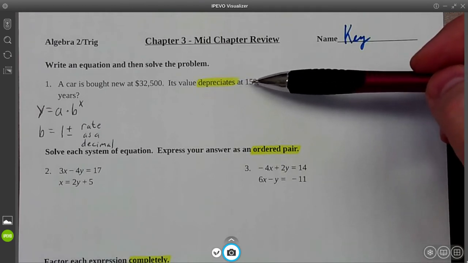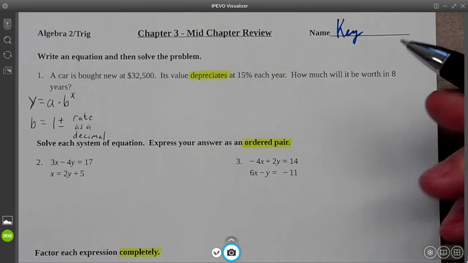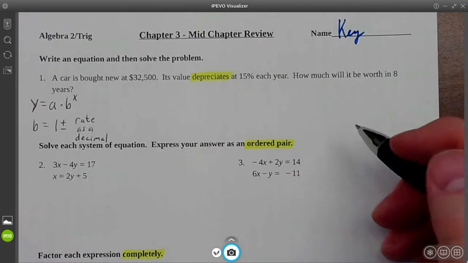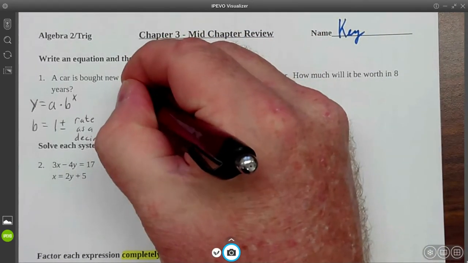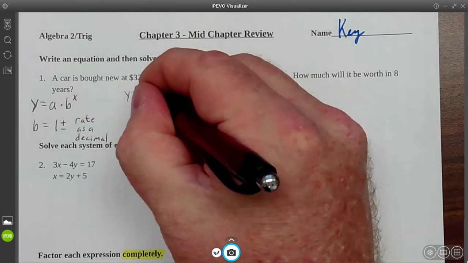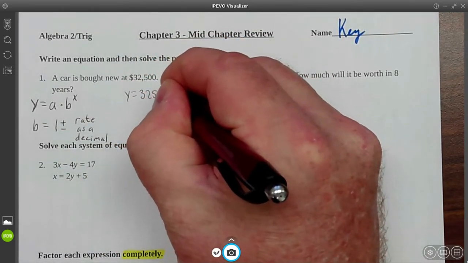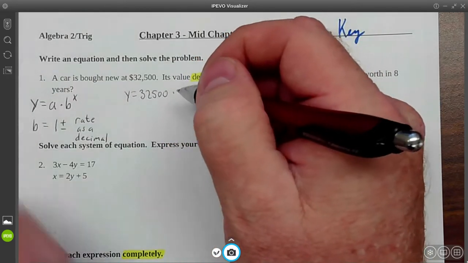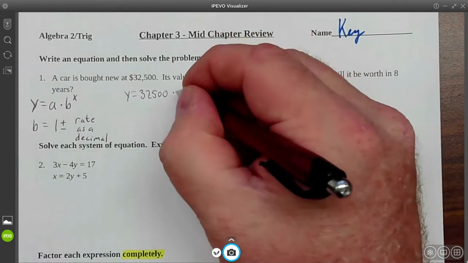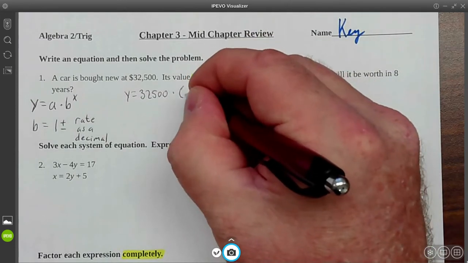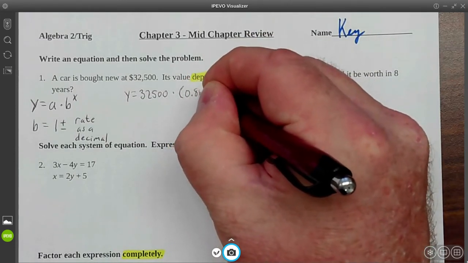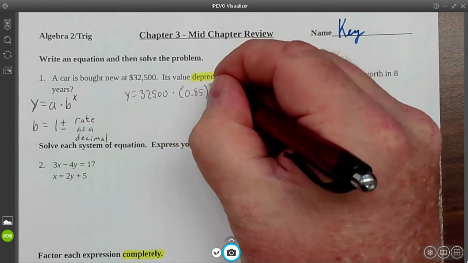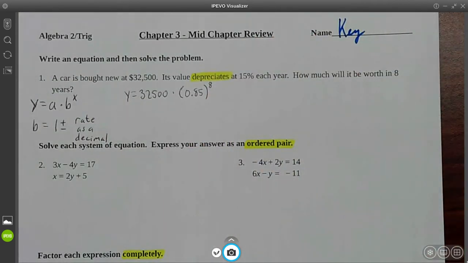So we're going to subtract the 0.15 from the 1. So let's get this set up. Let's go with y equals, A is the amount, $32,500, times B, which in this case is 1 minus 0.15, so 0.85, to the x, which is the term, the number of years, which is 8.